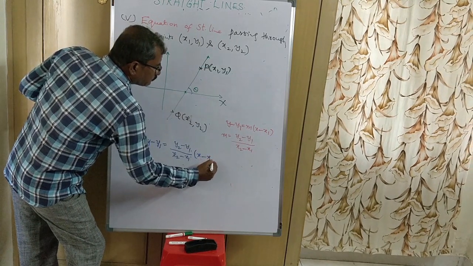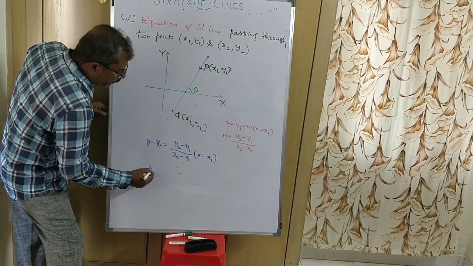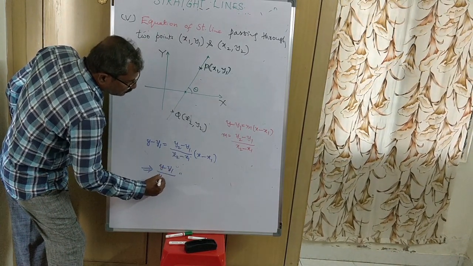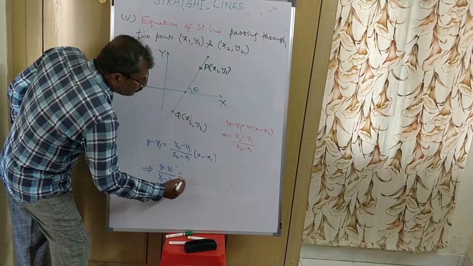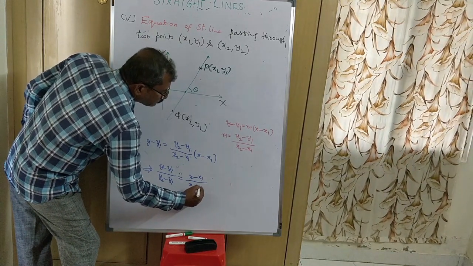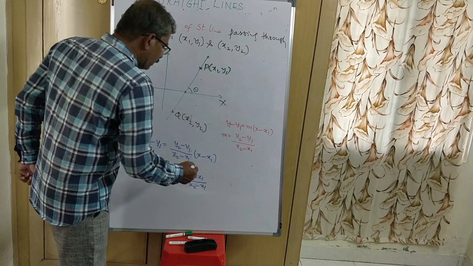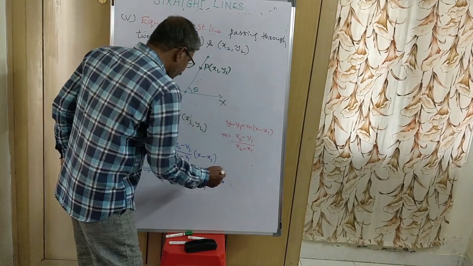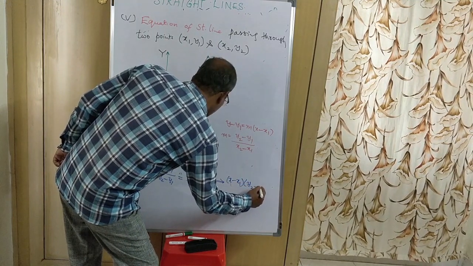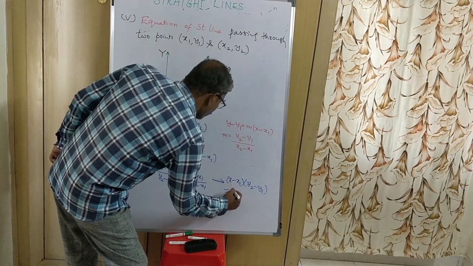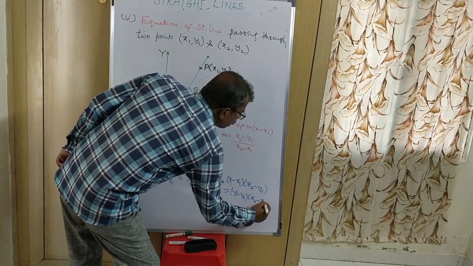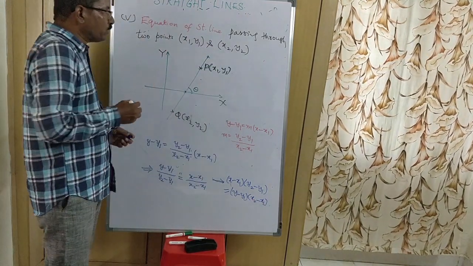This also you can write as y minus y1 by y2 minus y1 is equal to x minus x1 by x2 minus x1. Or you can write it as x minus x1 into y2 minus y1 is equal to y minus y1 into x2 minus x1, which gives us the equation of straight line passing through the 2 points.